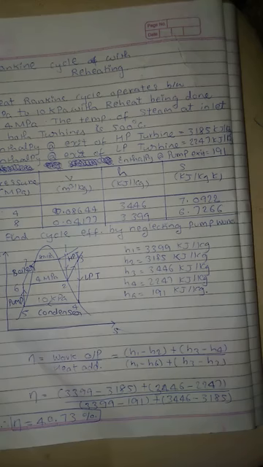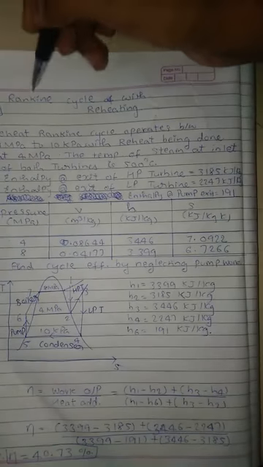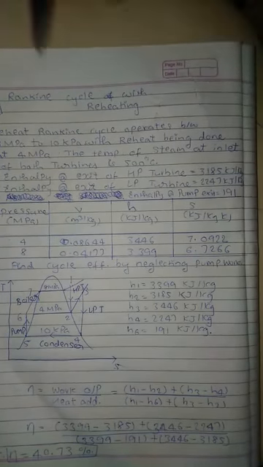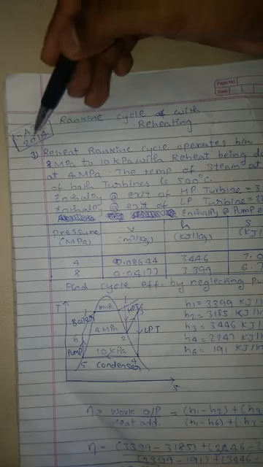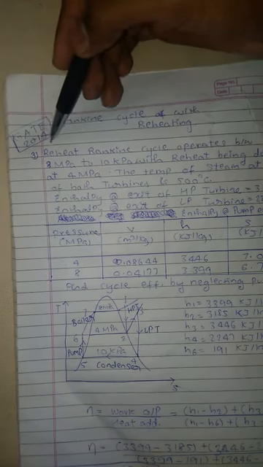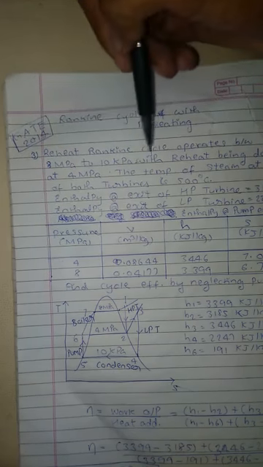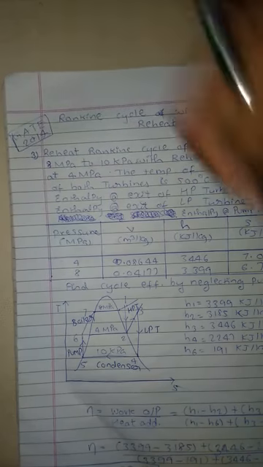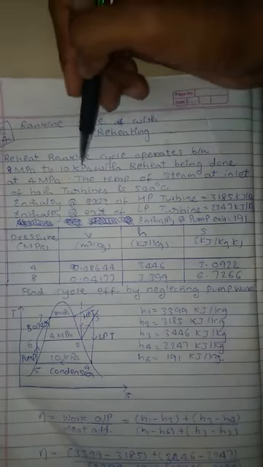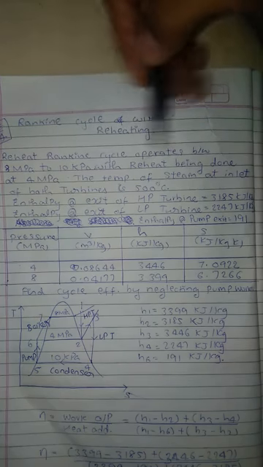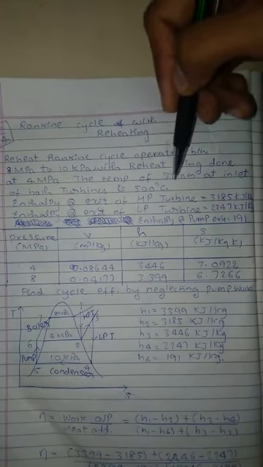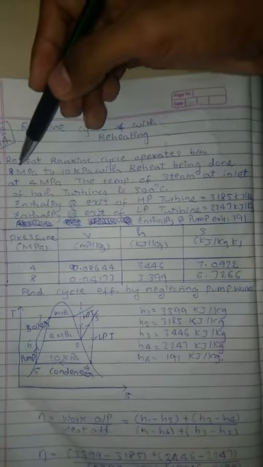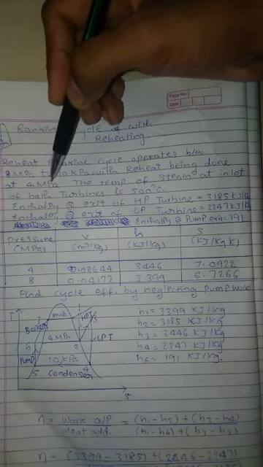Okay, now the last case is Rankine cycle with reheating. The question was asked in GATE 2014 exam. Only I have changed the values of all three questions. So a reheat Rankine cycle operates between the pressure of 8 megapascal to 10 kilopascal with reheating done at 4 megapascal.